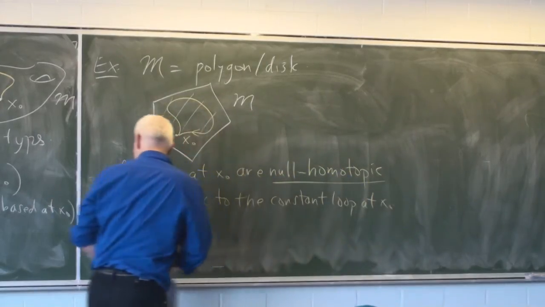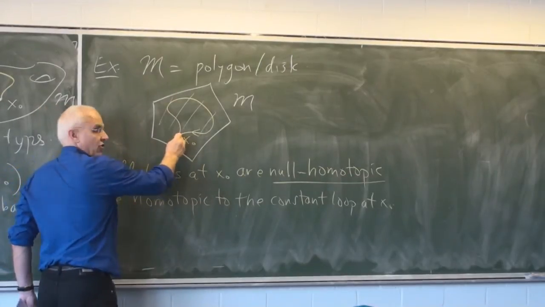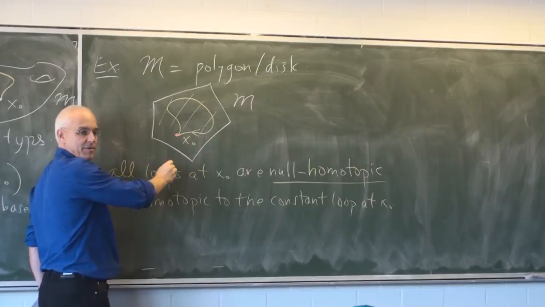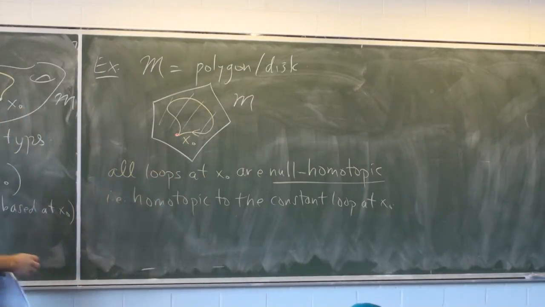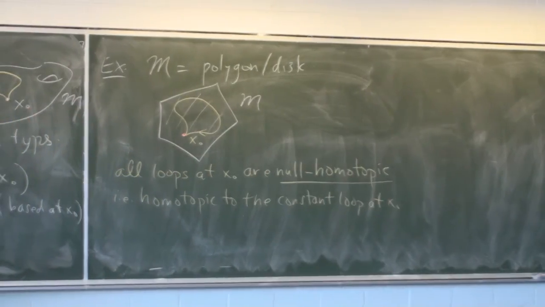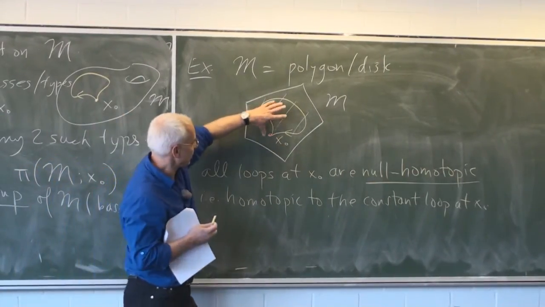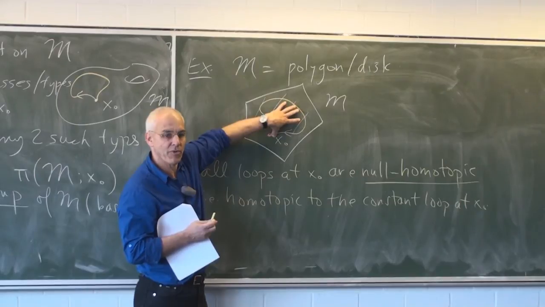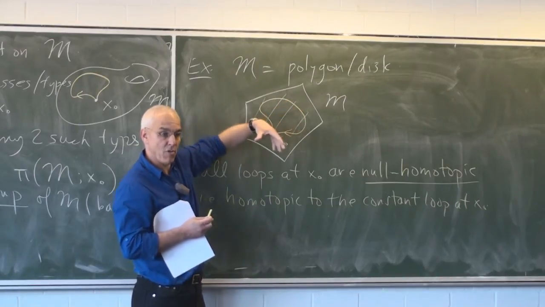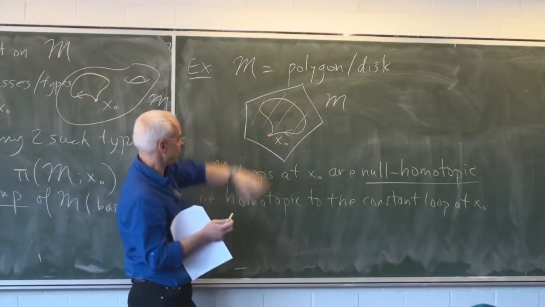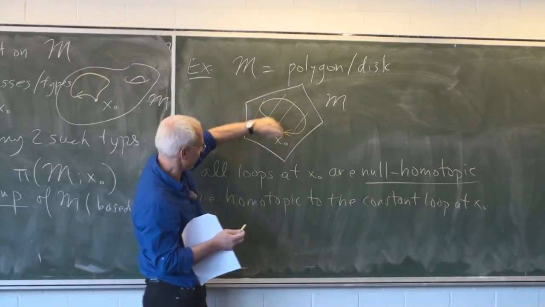In other words, the loop that stays where it is through the entire movie. Doesn't go anywhere. And why is that? Well, how could you make a movie that continuously deforms this loop to the constant loop? That's what a homotopy is. It's a kind of sequence of slides, pictures that goes from this to the constant loop.